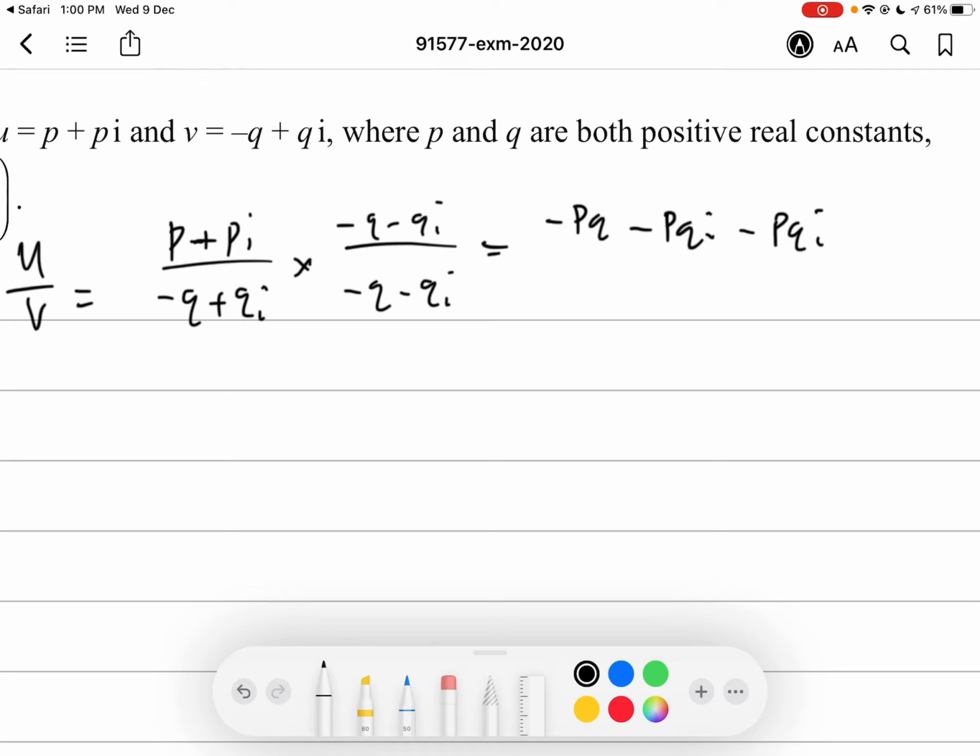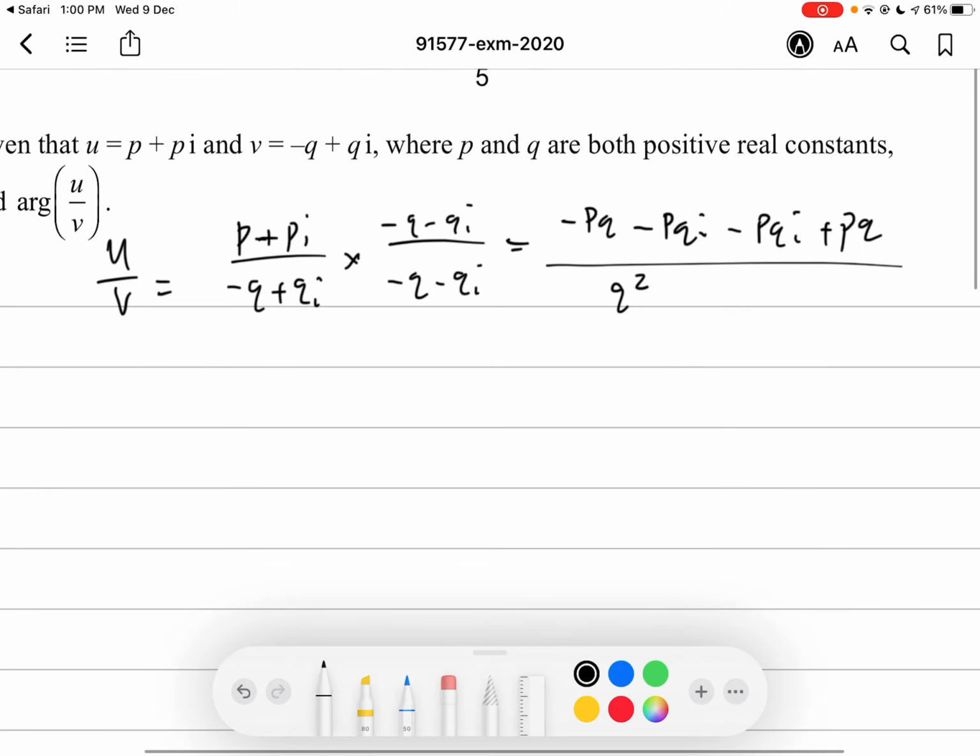And pi times qi is -pqi squared, which is plus pq. All over q squared plus q squared again, because that's 2q squared there.